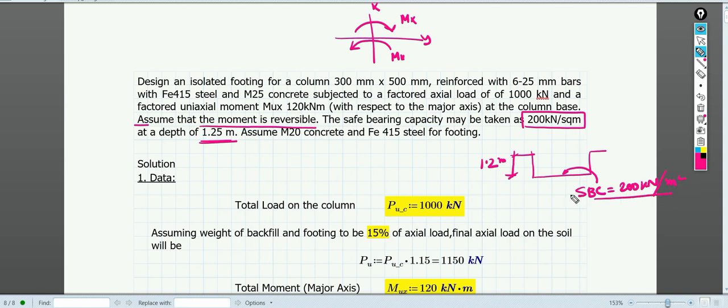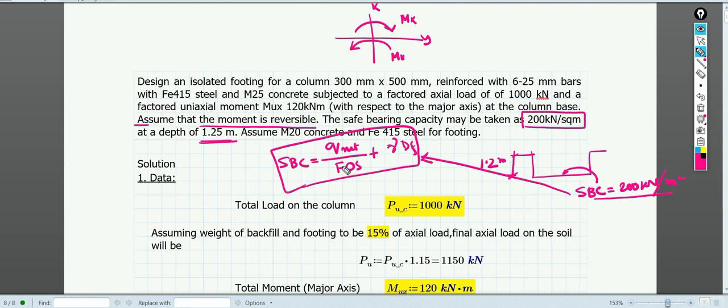And what is safe bearing capacity? Safe bearing capacity is the q net divided by the factor of safety, plus the surcharge load, or I can say gamma into Df. This is the equation for safe bearing capacity.